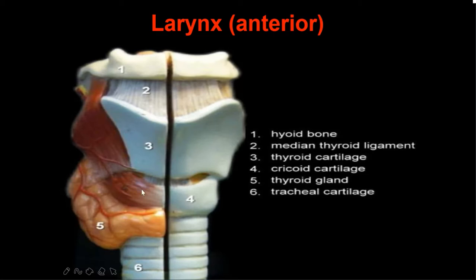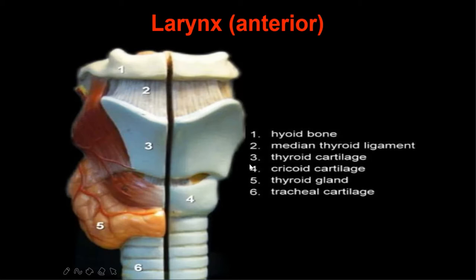This is the thyroid cartilage, this is the cricoid cartilage, and this is the thyroid gland. These are the tracheal cartilages, and these are the muscles, cricothyroid and thyrohyoid. Cricothyroid runs from the cricoid cartilage to the thyroid cartilage, and thyrohyoid from the thyroid to the hyoid bone.